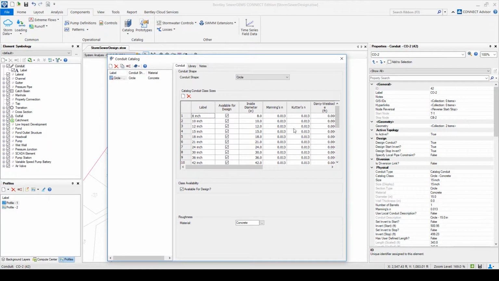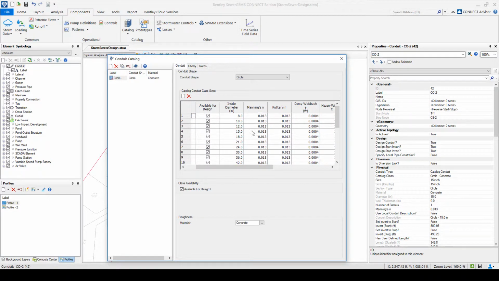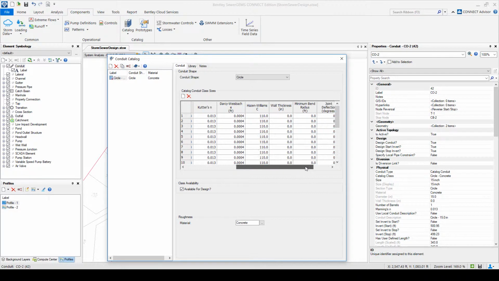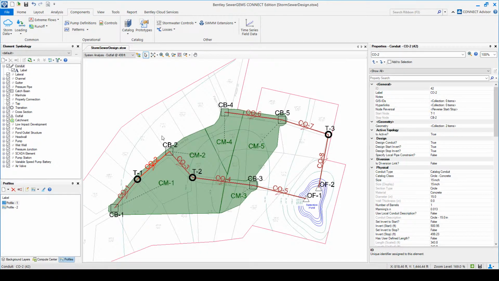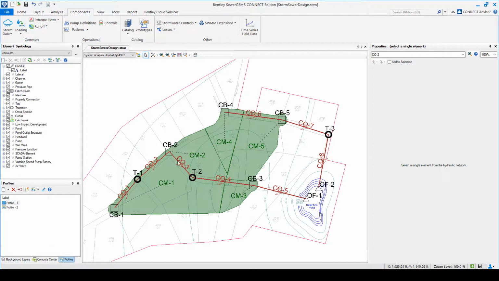Basically, we had pipes anywhere from 8-inch all the way to 120-inch for the design, and we had input the Manning's coefficient. These were all concrete, circular concrete pipes. Okay, so I think initially they were all 8 or 12 initially, and then we were asking the software to do a design.